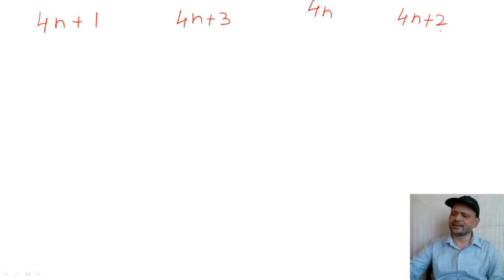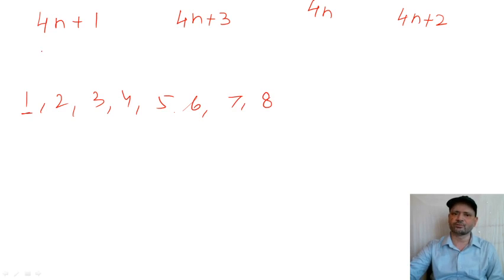If you start with the numbers 1, 2, 3, 4, 5, 6, 7 and 8, you see that 1 is of 4n plus 1, 2 is 4n plus 2, 3 is 4n plus 3, 4 is 4n, 5 is 4n plus 1, then 4n plus 2, 4n plus 3, 4n, like that. This will go on continuing.